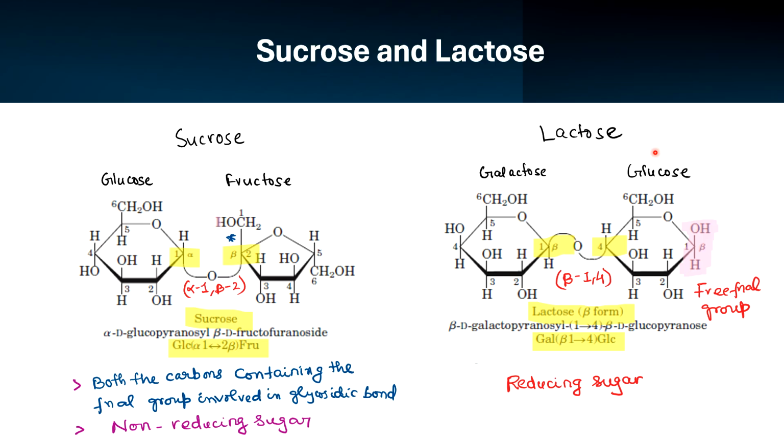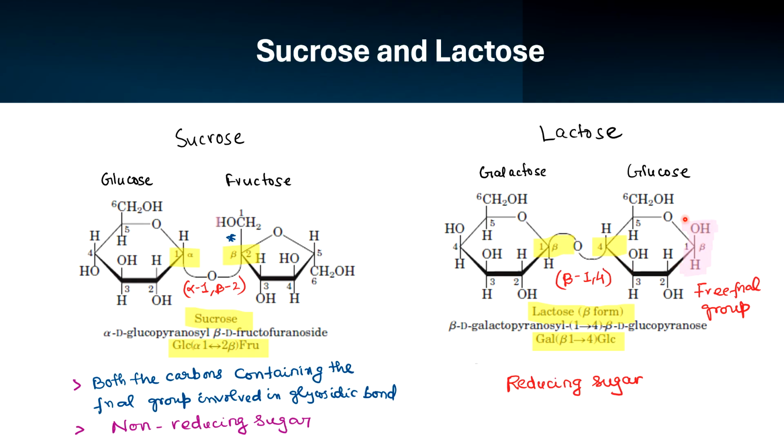Next, look into the example of lactose. Now here, lactose is made up of galactose and glucose. Here the linkage is beta 1,4 glycosidic linkage. Why? Because OH is present on the top for galactose and for glucose also it is present on the top.